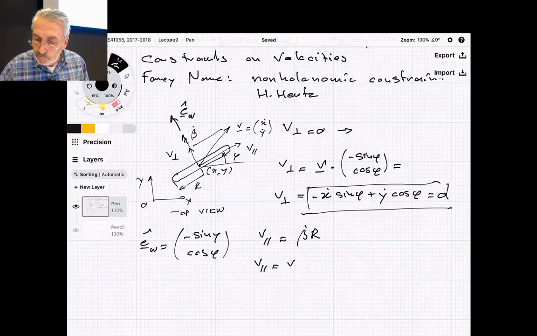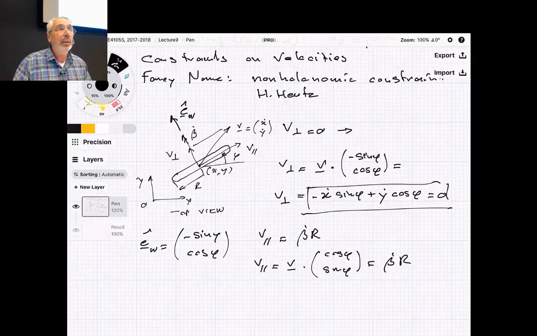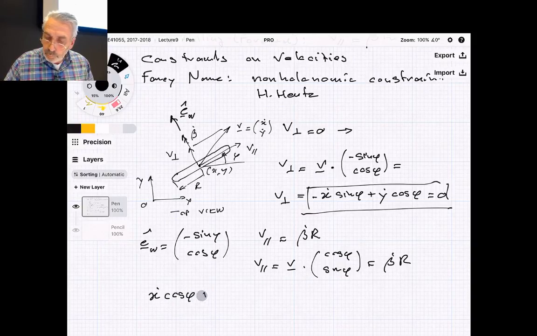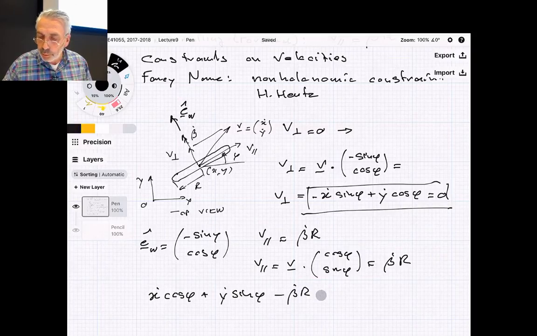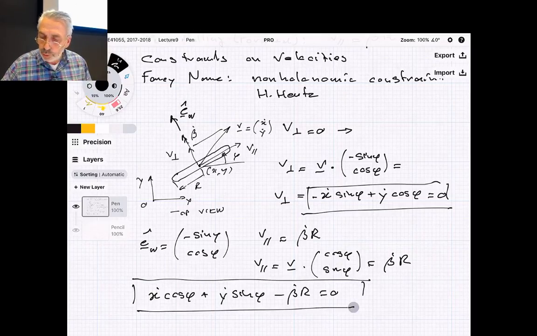So again v times, well, the direction of the speed is simply cosine phi, sine phi, and that should be equal to beta dot times r, right? Or in other words, x dot cosine phi plus y dot sine phi minus beta dot r is 0. On purpose, I write it as a zero terminated equation.